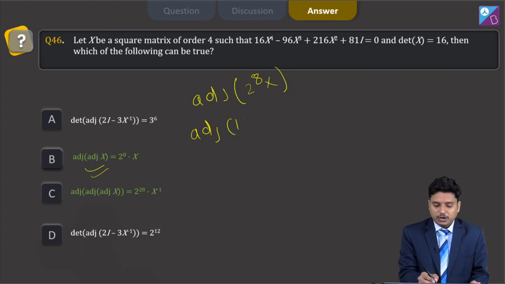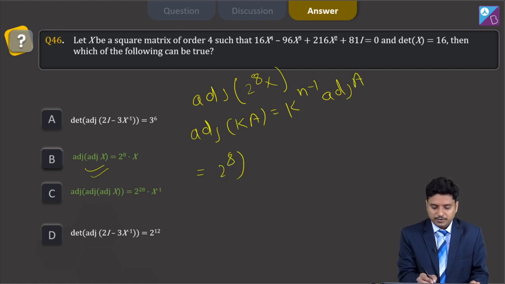Again adjoint of kA is basically equal to k raised to power n minus 1 into adjoint of A. This was the property. So this will be equal to 2 raised to power 8 raised to power 3 into adjoint of x. Here you have to put 2 raised to power 8 into x.